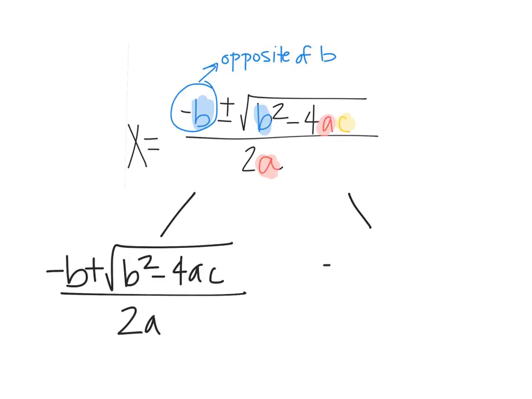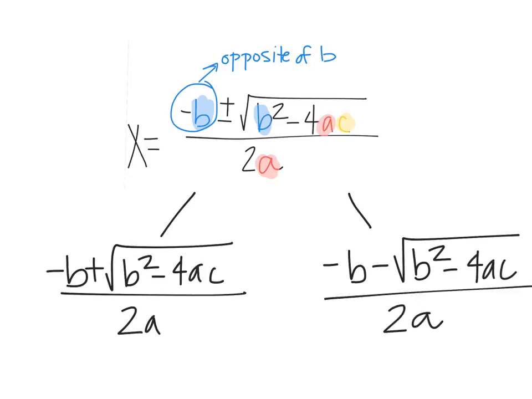And our second formula is negative b minus the square root of b squared minus 4ac, all over 2a. If you look at these formulas, literally the only thing that's different is that one of them has a plus sign and one of them has a minus sign.